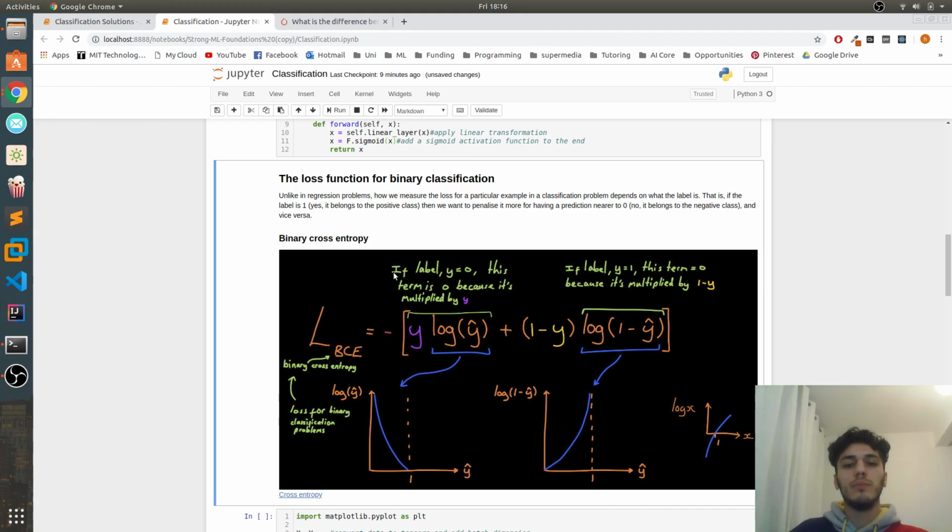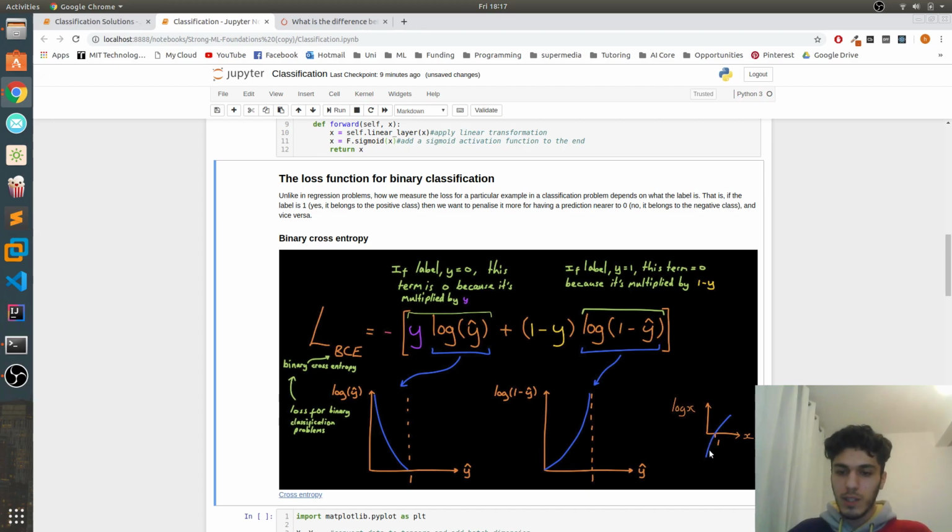So in the case that our label y is equal to 0, this term is multiplied by 0, so it just disappears, and we only end up with the right half of this equation. 1 minus our label, which in this case is 0, is just 1. So what our cost function becomes when the label is equal to 0 is log of 1 minus our prediction.